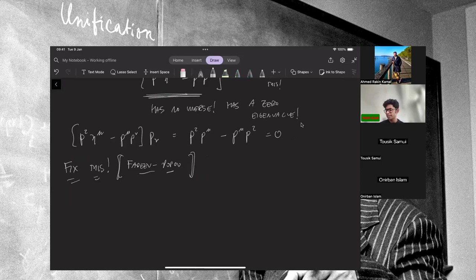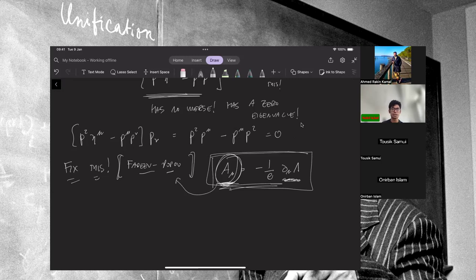A configuration that looks like a pure gauge configuration, just d mu of lambda, leaves F invariant. So F is 0 for all these configurations. When you path integrate over all those configurations, you get all kinds of things that don't converge, just gibberish. We need to find some way to get rid of these gauge transformations, and Faddeev-Popov has taught us how to do that.